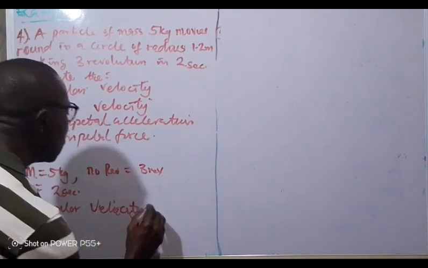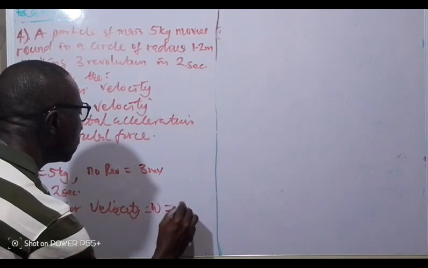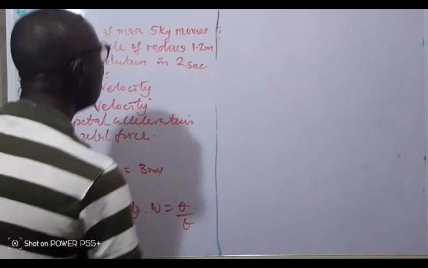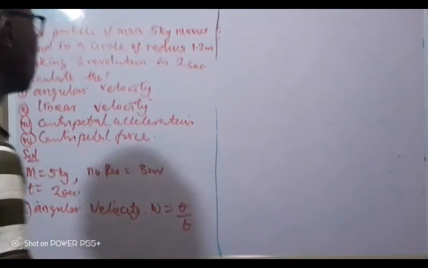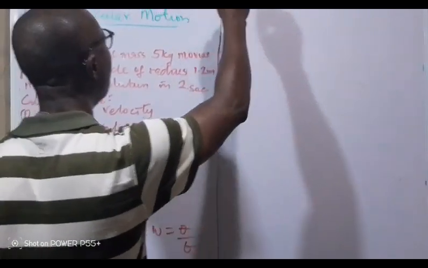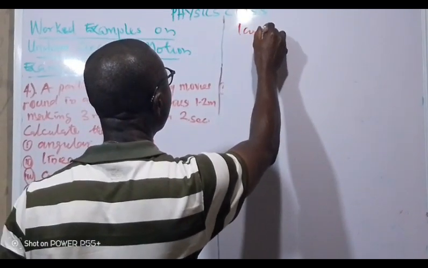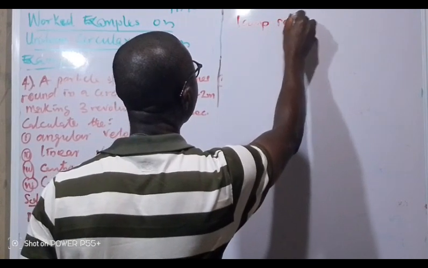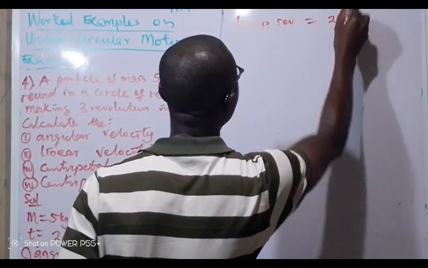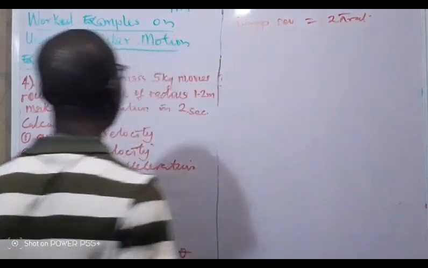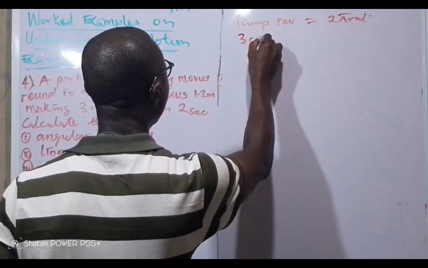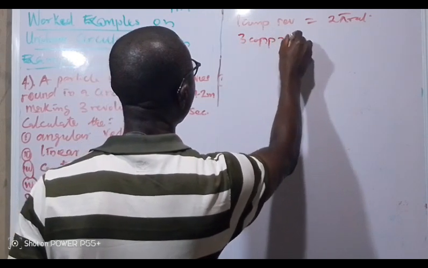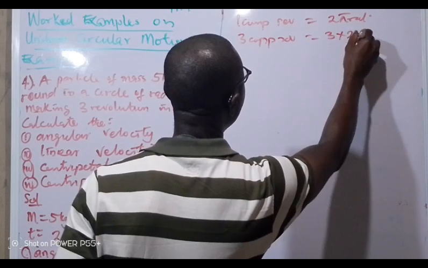Angular velocity, that is omega, is equal to theta over t. Like the first calculation we did, theta, that is angular distance, is given in the question indirectly. Let's find out theta now. One complete revolution is equal to 2 pi rad. Then we are given 3 complete revolutions, so 3 complete revolutions will be equal to 3 multiplied by 2 pi.